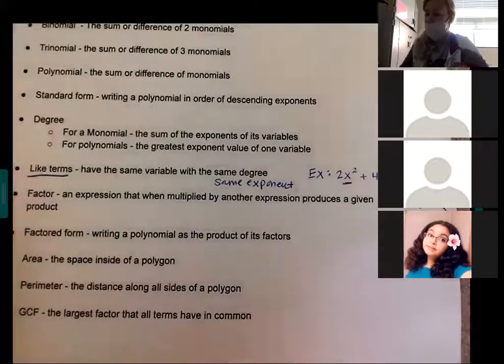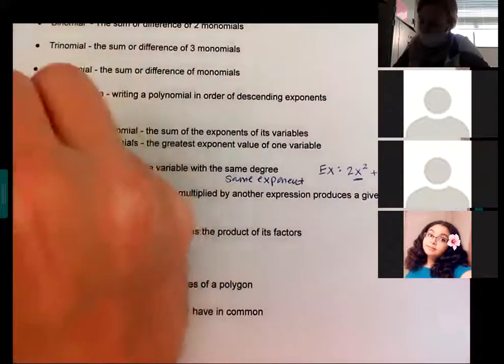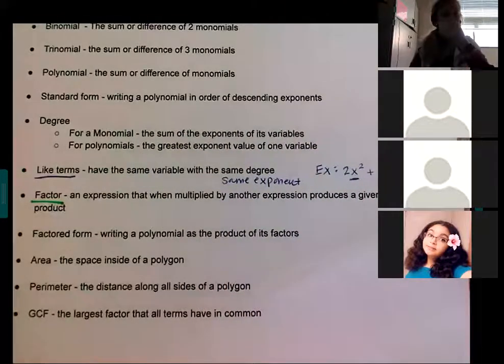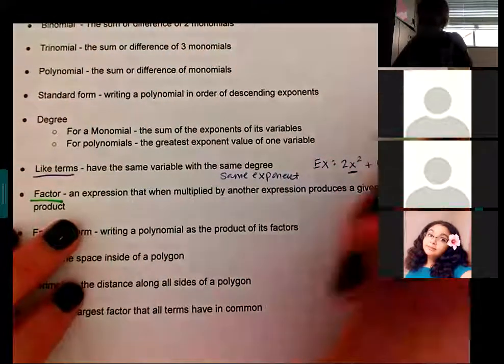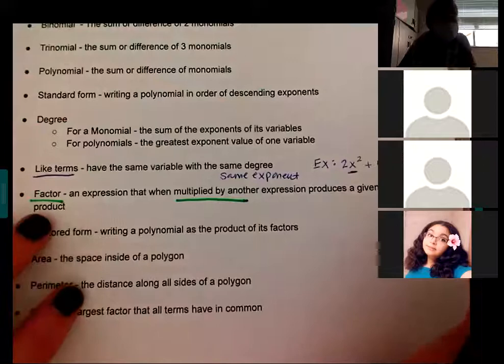Are y'all okay with like terms? All right, cool. We should also know from middle school what a factor is. We also should know it from this past unit. The factor was the number that we multiplied by each time, right? Yeah, he said from elementary school. Okay, so factors are just numbers that you multiply together to get a given number.